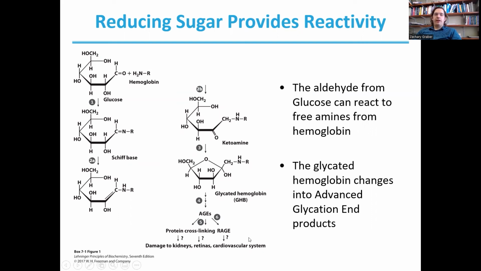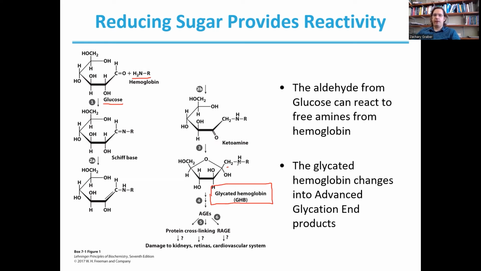Now, our body itself can also use this additional reactivity of our reducing sugar to produce some interesting products. So in the case of glucose in our blood, that glucose can actually react using that aldehyde of our reducing sugar with nearby functional groups, including amine functional groups on our hemoglobin. So this can then proceed through several steps to form what we call glycated hemoglobin, where our sugar is now permanently linked onto our hemoglobin.